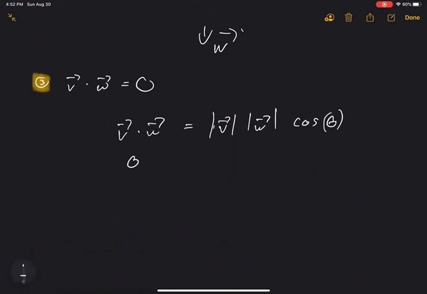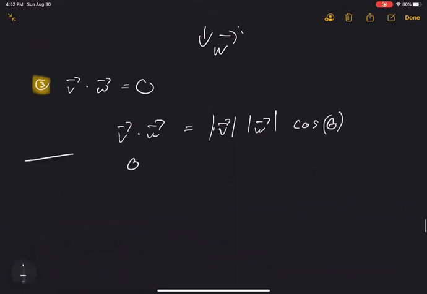And we're assuming that we've got two non-zero vectors, so this is positive, and this is positive. These can never be negative. They can be equal to 0 if the vector is the 0 vector, so we're assuming that neither of these is the 0 vector.